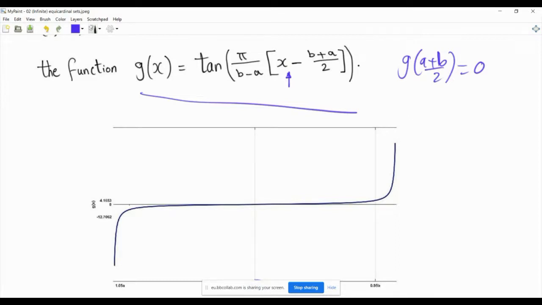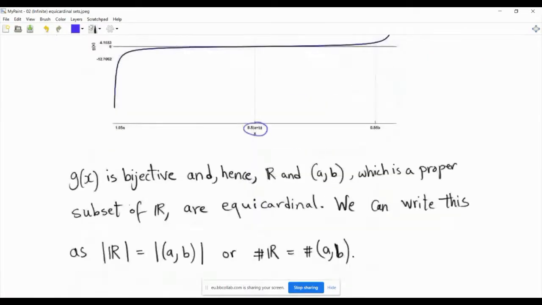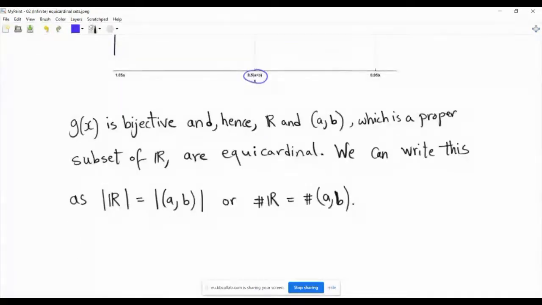Because you have this bijective function between the open interval ab and the set of real numbers, then according to our criterion these two sets have the same number of elements. So these two sets are equicardinal, and we will refer to the cardinality of the set, or the number of elements in the set, using those two vertical bars. Some people use this symbol here, but we will typically use this.